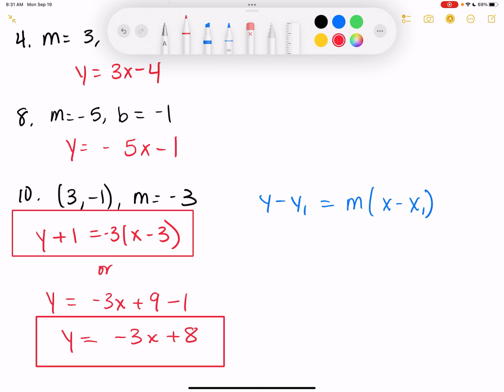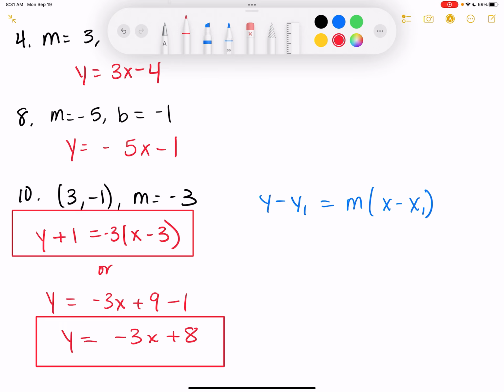I don't think there's any graphing in this section, but if you were going to need to graph it after, obviously it's going to be easier to do in slope intercept form than it is in point slope form, but I'm good with whatever.